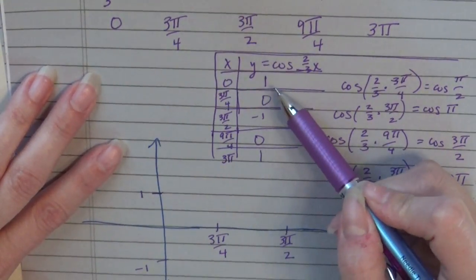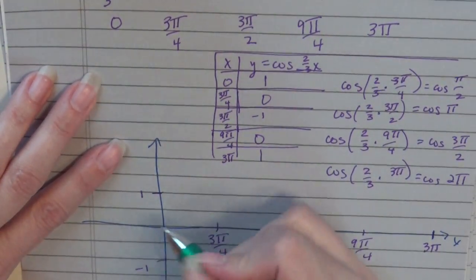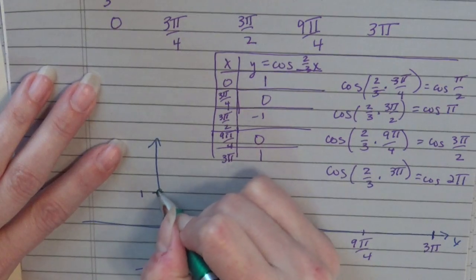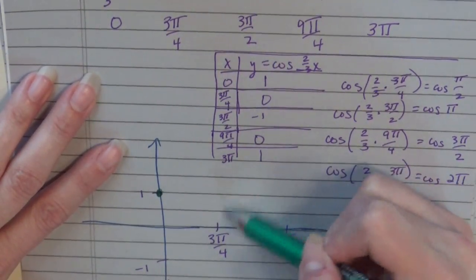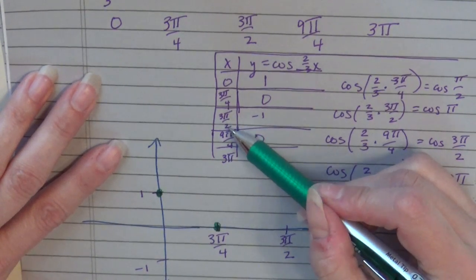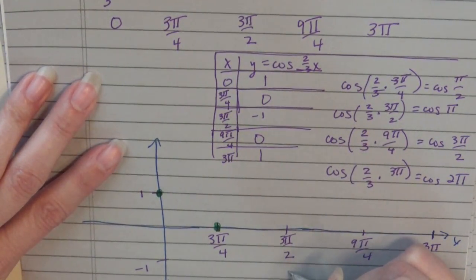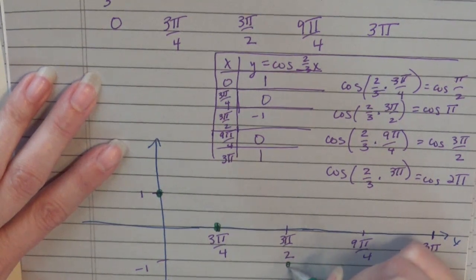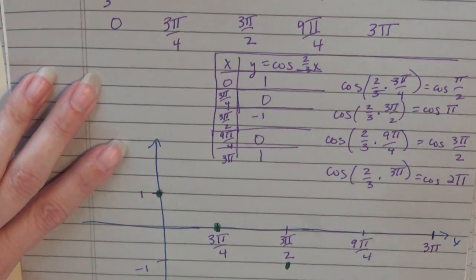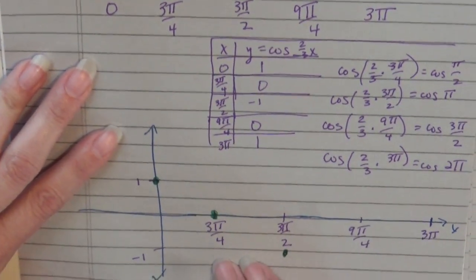So now plotting these, we've got ordered pair 0, 1. Ordered pair 3 pi over 4, 0. When x is 3 pi over 2, y is -1. Hopefully you see how it's still that same cosine function that's just being manipulated a little bit.